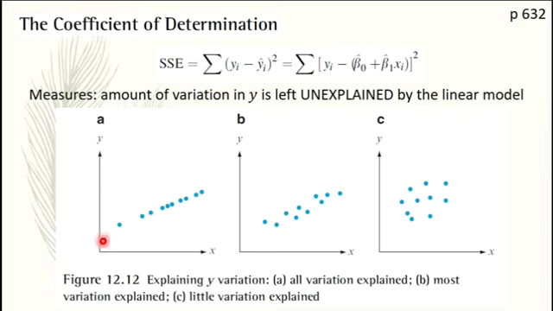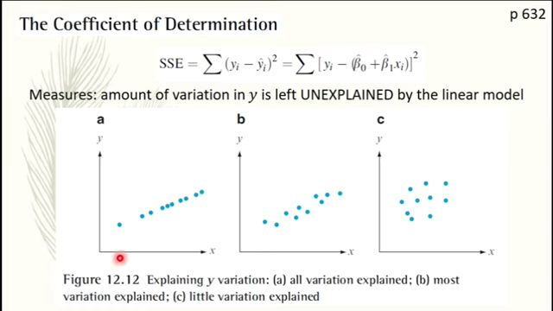But if you look at this graph, if you were to try draw a straight line, all the points would lie on the line. And remember, just now I was explaining that the points will lie off the line because there's other sources of variation that are not x. But in this case, you can see that all the variation in y, that means every single value of y here, can be explained by x.